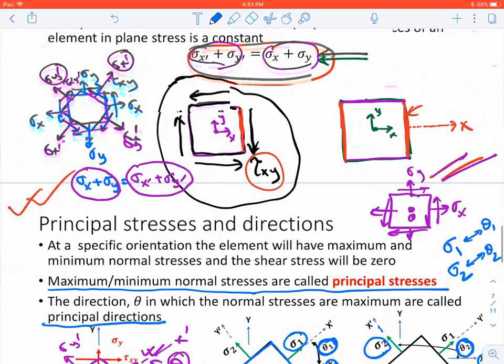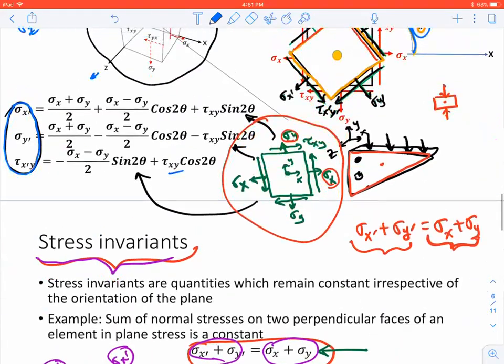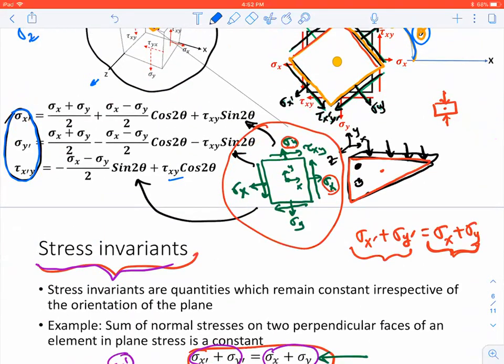If you plug your theta 1 and theta 2 in here in sigma x prime and sigma y prime, if you plug in theta 1, you're going to end up getting sigma x prime to be sigma 1 and sigma y prime will give you sigma 2. Or if you plug in theta 2, sigma x prime will give you sigma 2, sigma y prime will give you sigma 1.